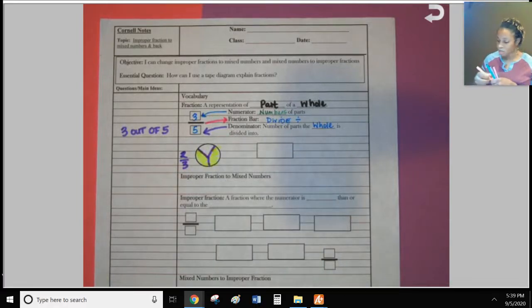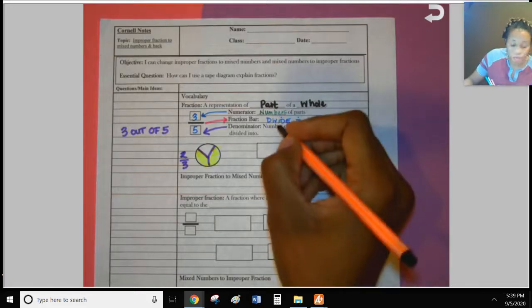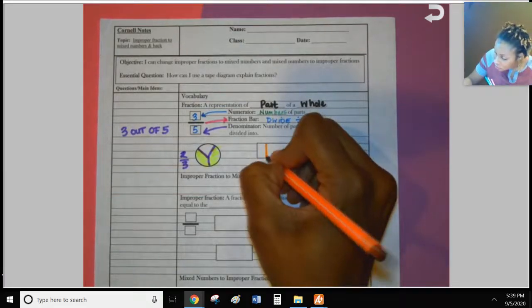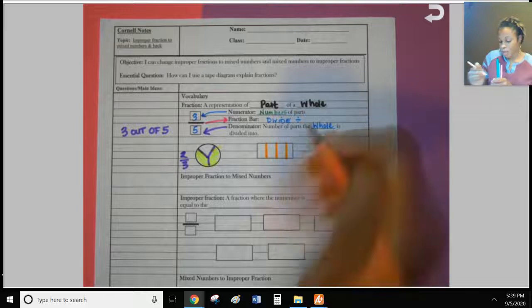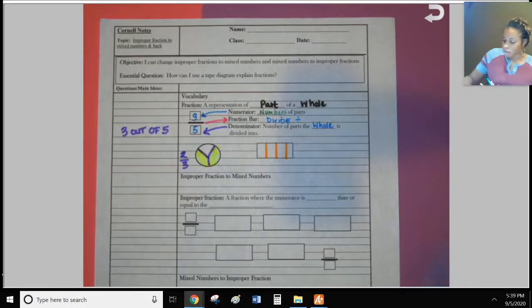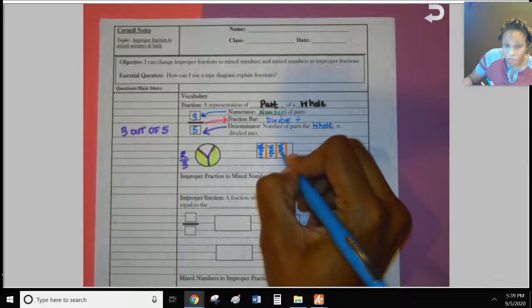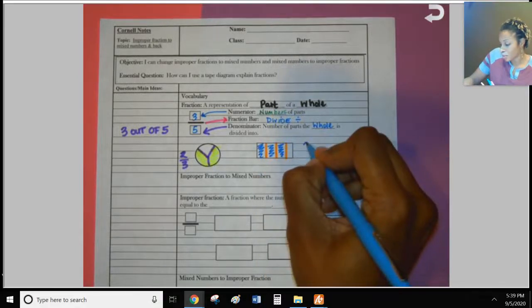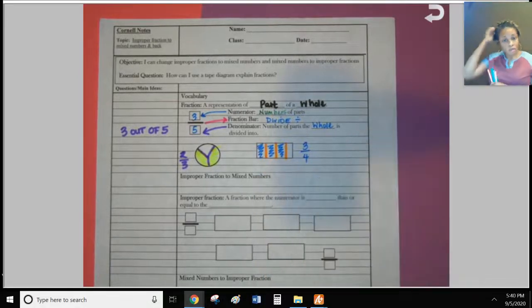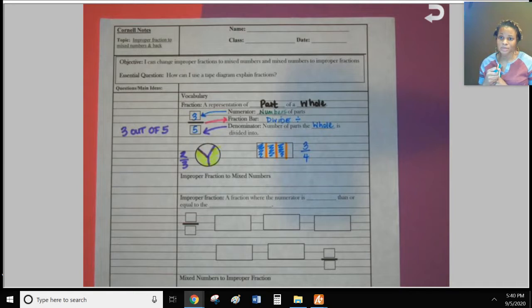I can take this next one and break it into fourths, and I might want to shade 3 out of 4, which would be 3/4. So this is how we would model our fractions, and we've done this in the past.